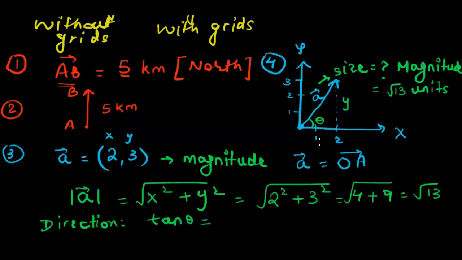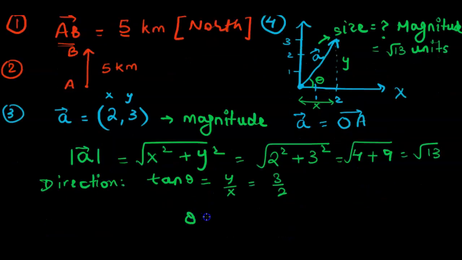This is my y value, this is my x value. Y value is 3, x is 2. So to find out theta, all we have to do is just tan inverse of 3 by 2, which gives us 56 degrees. So now this is the direction of this vector. Which direction am I going? I'm going 56 degrees north of east.